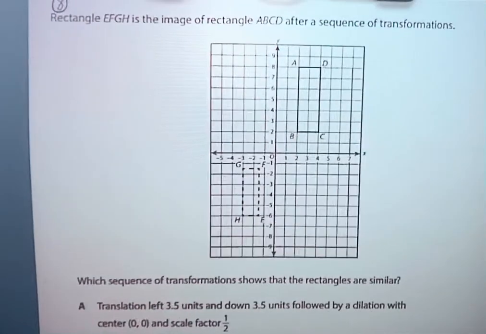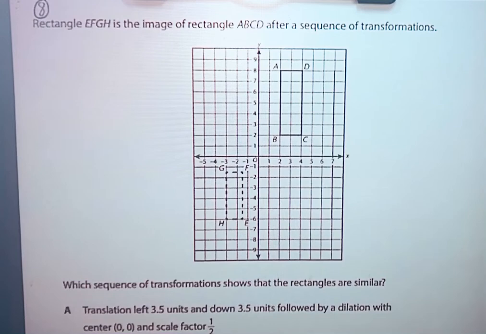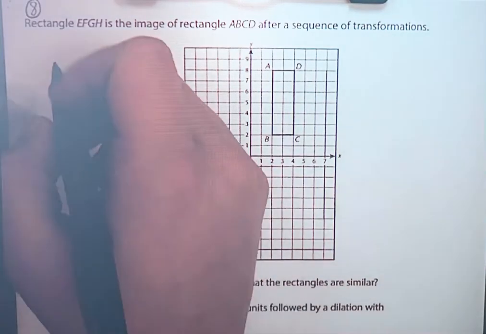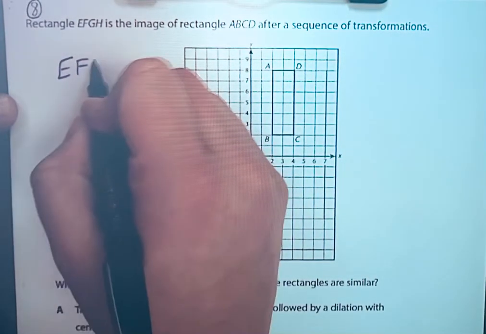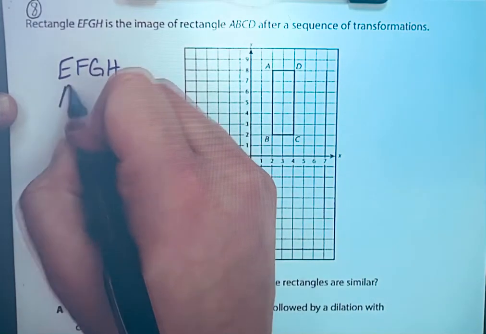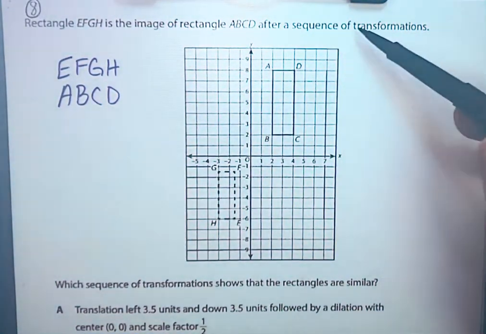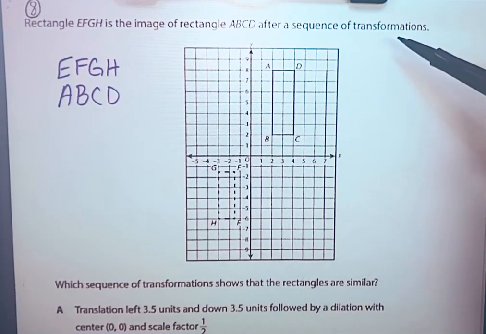Number 8. Rectangle EFGH is the image of rectangle ABCD. So I'm going to go ahead and write EFGH and ABCD. After a sequence of transformations, that means that there's going to be more than one.